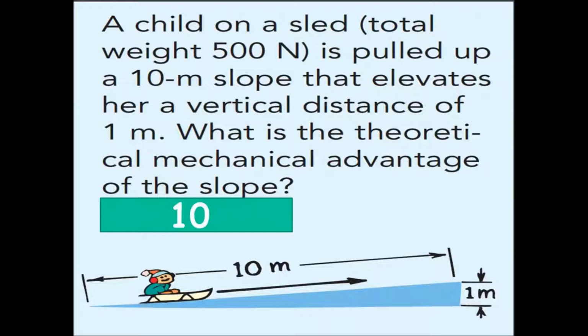So TMA is the same as IMA. The ideal mechanical advantage is going to be DI over DO, or 10 meters over 1 meter. No unit labels, and the answer is 10.